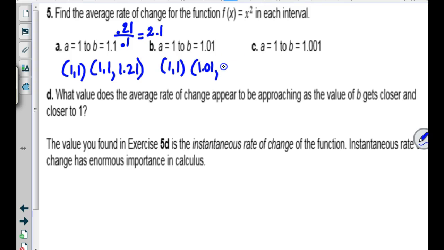Now I need somebody to help me nice and loud. Like that, 1.01 squared. So now when I go to do the slope, this minus this would just be 0.0201. In the denominator, 1.01 minus 1 would be, so now help me out.